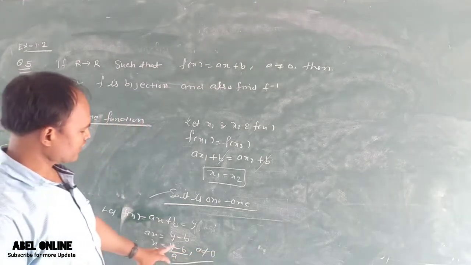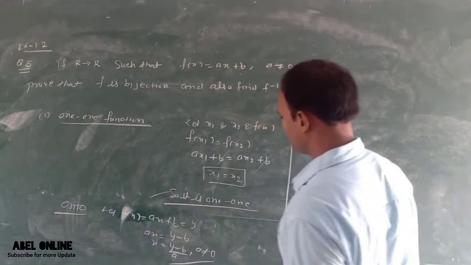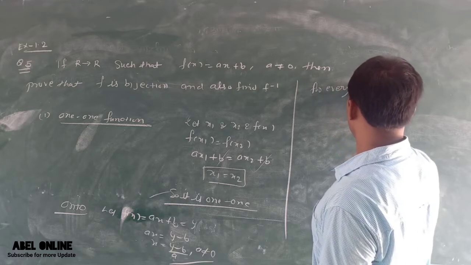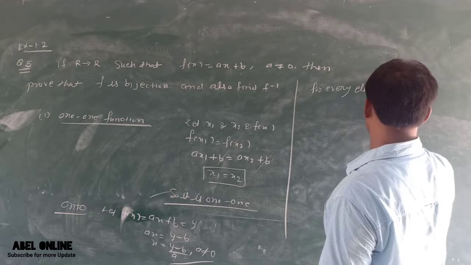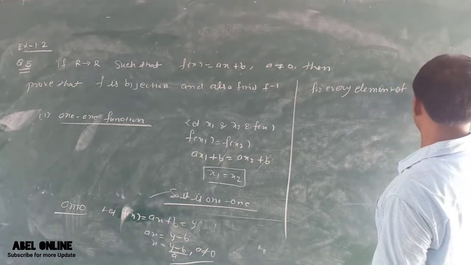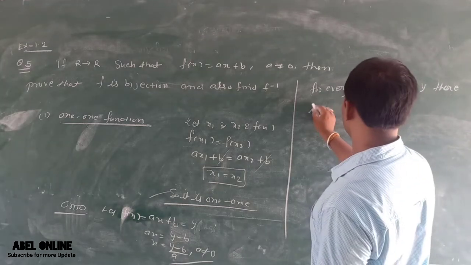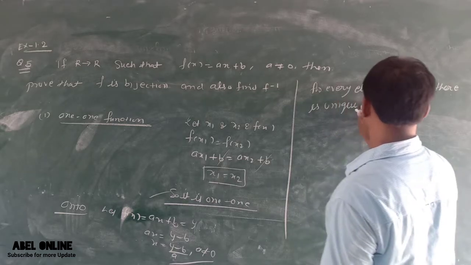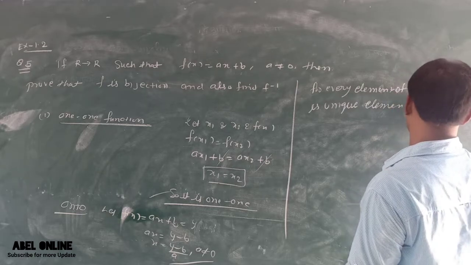If x equal y minus b by a and a is not equal to 0, we can say that for every element of y there is a unique element of x.